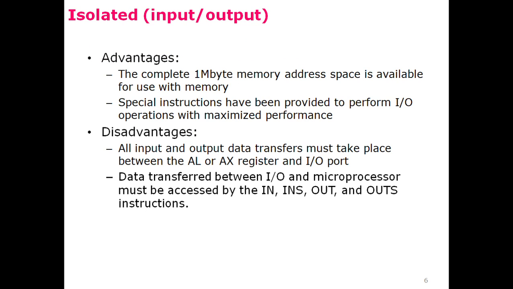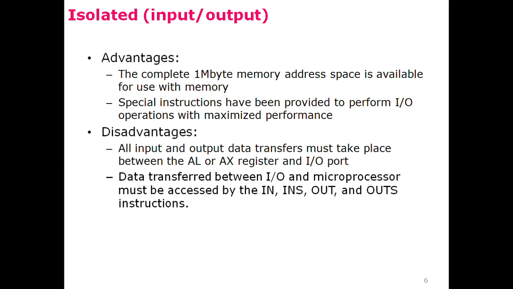Obviously, there are some advantages of isolated input and output. In isolated I/O, the complete 1 megabyte memory address space is available for use with memory. In the 8086 and 8088 microprocessors, the total memory that can be interfaced is 1 megabyte, and the total number of memory addresses is 1 mega because there is a 20-bit address.